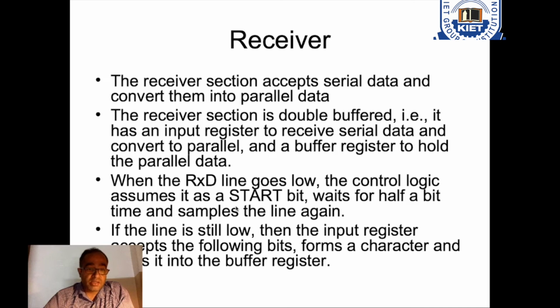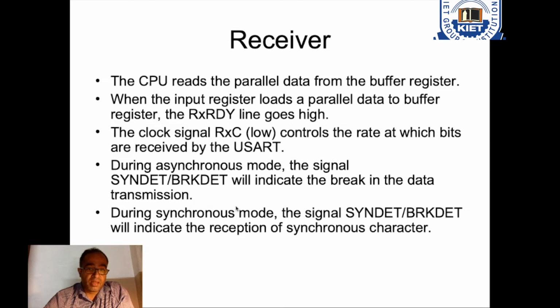If the line is still low, then the input register accepts the following bits, forms a character, and loads it into the buffer register. Then the CPU reads the parallel data from the buffer register. When the input register loads the parallel data to the buffer register, the RXRDY line goes high.